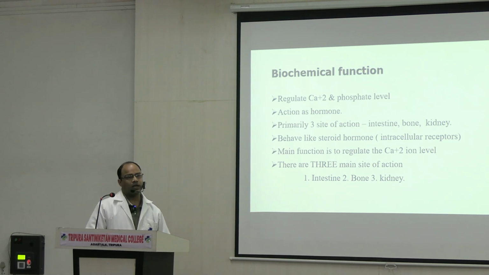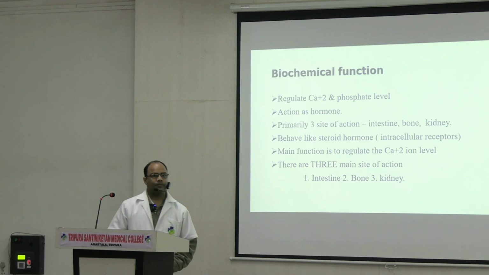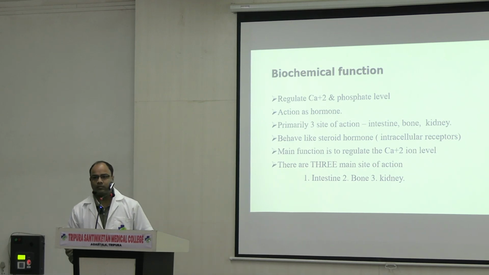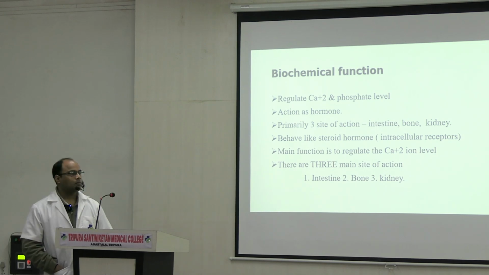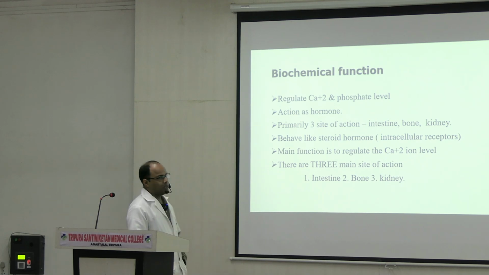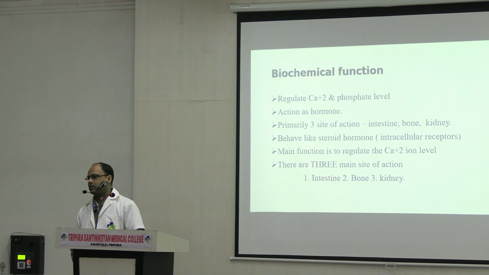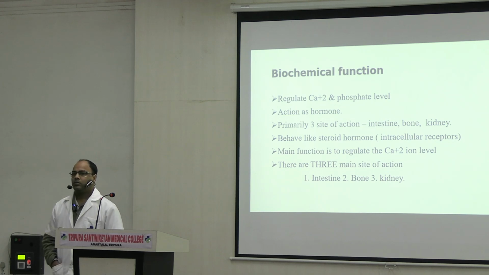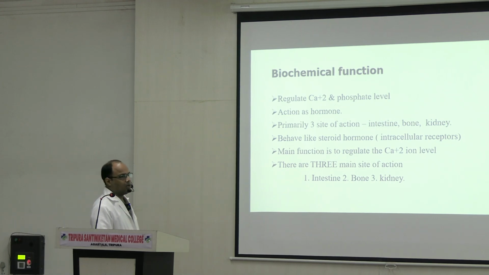Vitamin D has action like a hormone. Primarily there are three sites of action: intestine, bone, and kidney. It behaves like a steroid hormone because it has an intracellular receptor, or nuclear receptor.